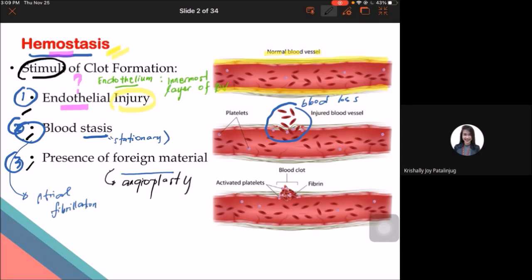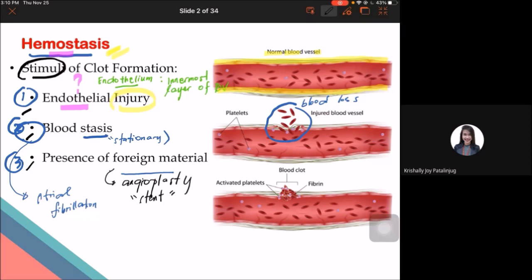Okay? Ayan. So, usually during angioplasty, gina-implant na what we call stent. Gina-implant during surgical repair sa blood vessel, na stent sa katawan. And stent is considered a foreign material.